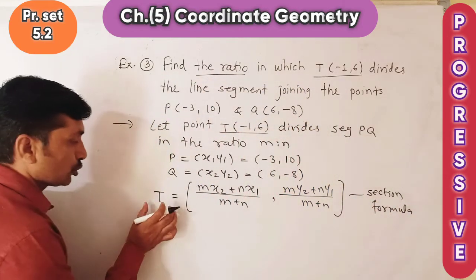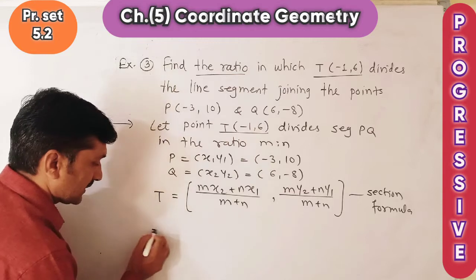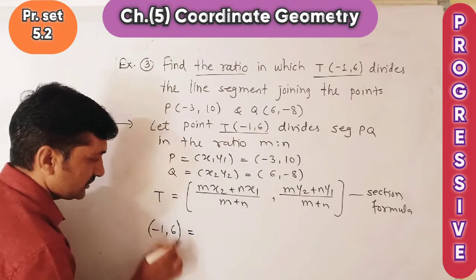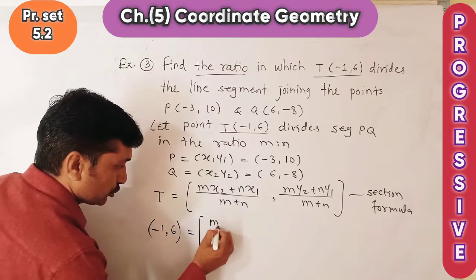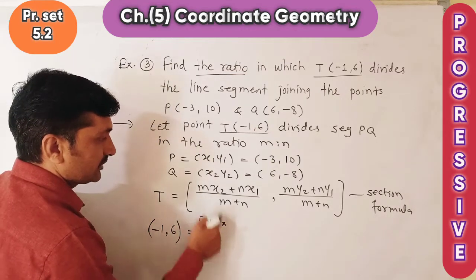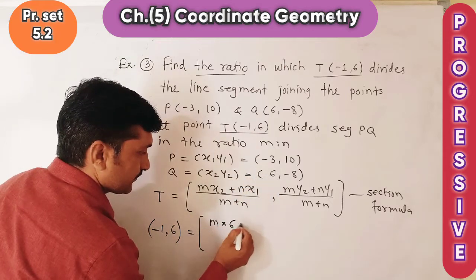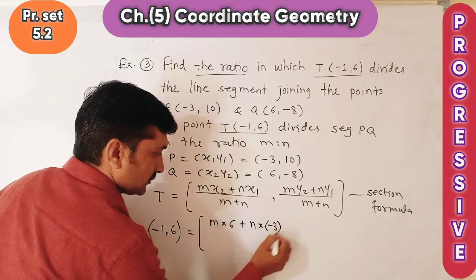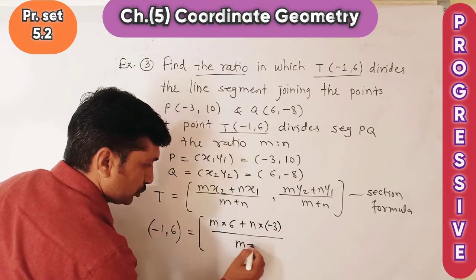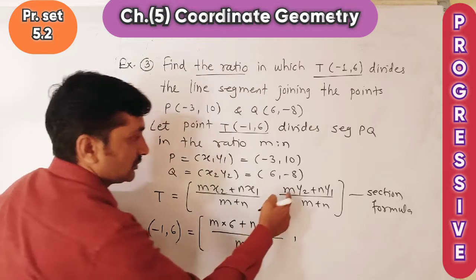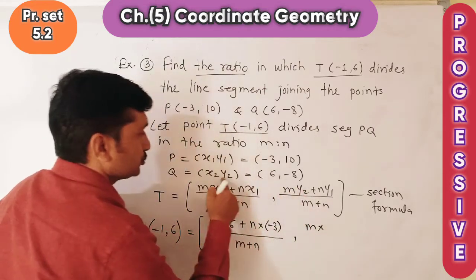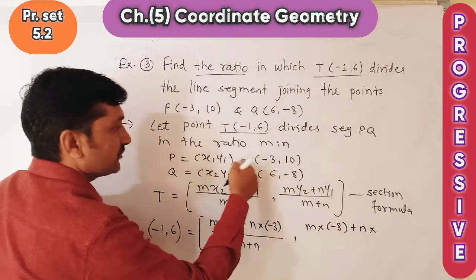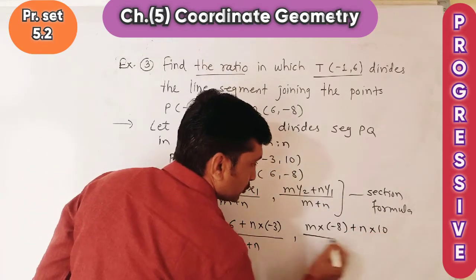Now put in the values. The coordinates of T are given. (-1, 6) is equal to, these are the coordinates of point T. m we don't know, so it stays as it is, multiplied by x2, which is 6, plus n, which we don't know, multiplied by x1, which is -3, upon m plus n, comma, m multiplied by y2, which is -8, plus n multiplied by y1, which is 10, upon m plus n.